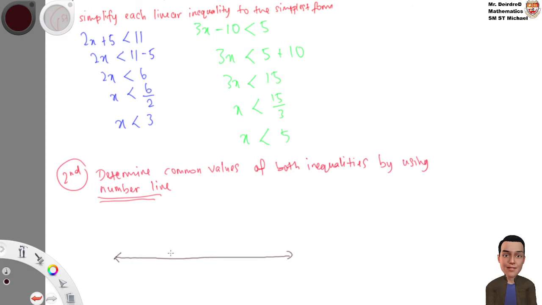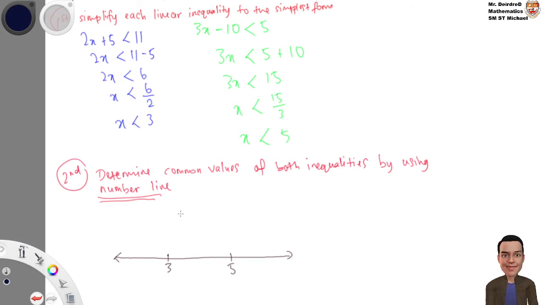So you have 3 and 5. 3 is on the left side since 3 is the smaller number, and then 5. Then by referring to the first inequality, x less than 3.